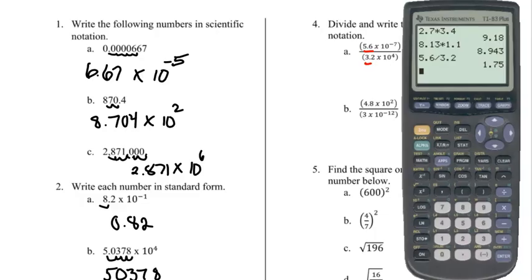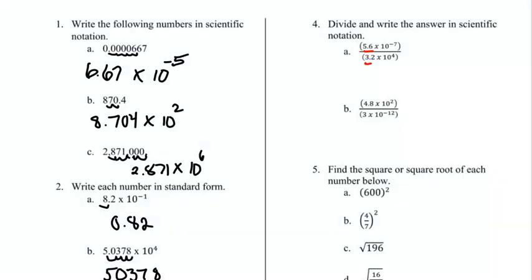That's going to give us 1.75. And that's going to be times 10. And when we divide like bases, we subtract the exponents. So negative 7 minus 4 is a negative 11. And we just want to verify that our decimal is between 1 and 10, which 1.75 is.